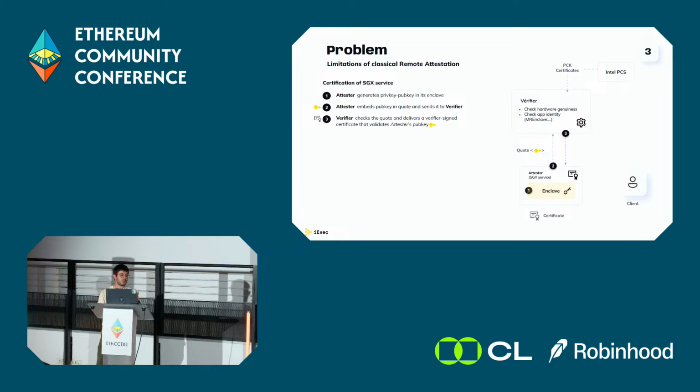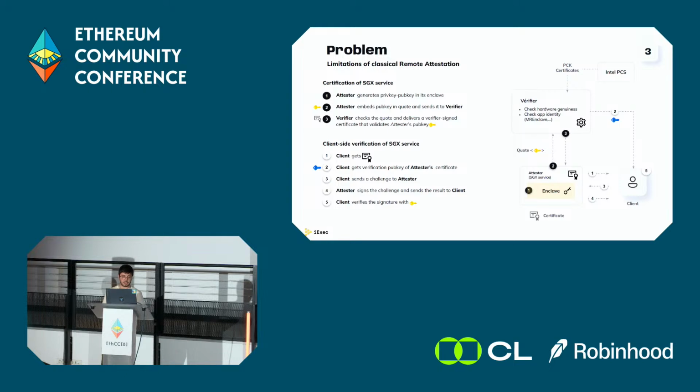And when we are speaking about checking the code, we mean that it checks the genuineness of the hardware that delivers the code, and also checks the application identity, specifically the MR enclave or MR signer, etc. We can have different policies. Then after this, if everything is okay, the verifier delivers a verifier-signed certificate to the attester.